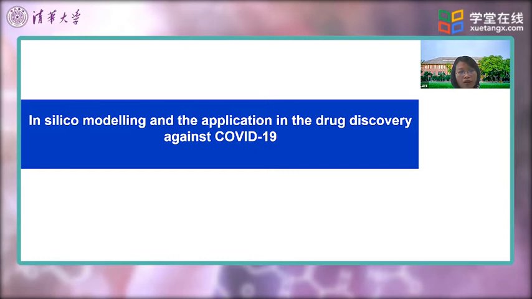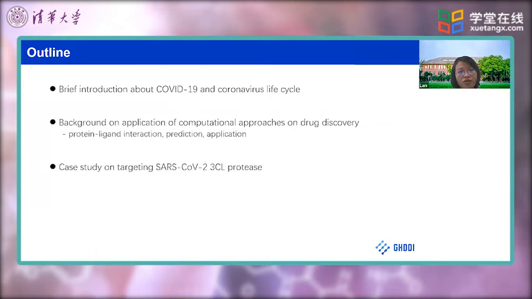Welcome to the class. Today, the topic of this class is in silico modeling and its application in drug discovery against COVID-19. Here's our outline of this class. I will give a brief introduction about COVID-19 and the related coronavirus life cycle, which will give potential treatment options.